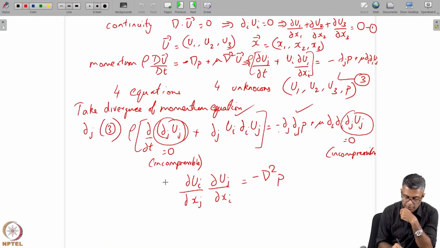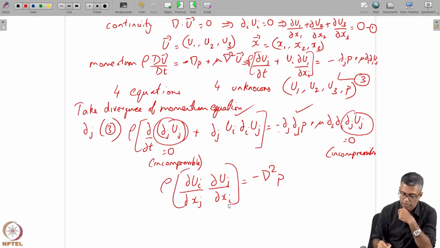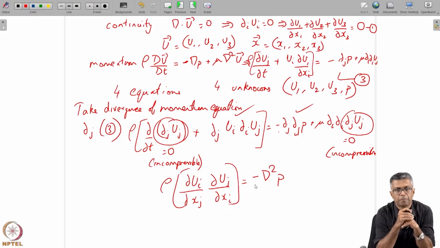If I look here, there is obviously a rho and then minus del squared P. So rho del ui del xj del uj del xi is minus del squared P. That is what I have.